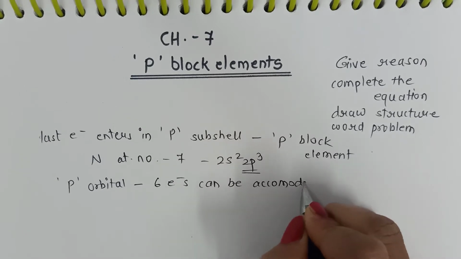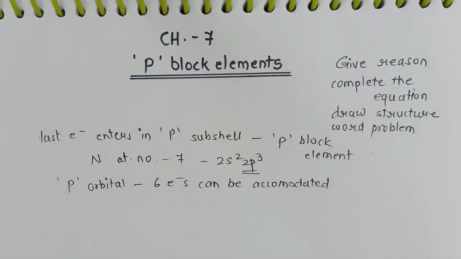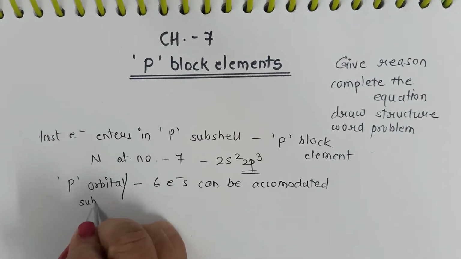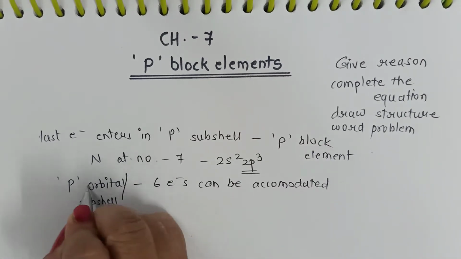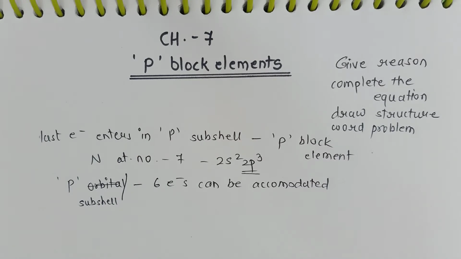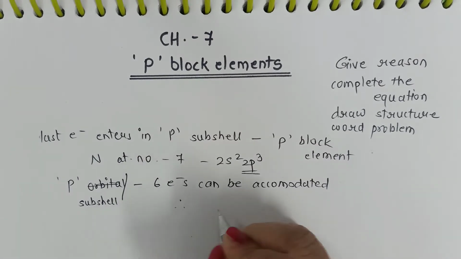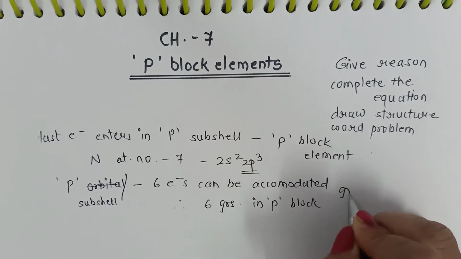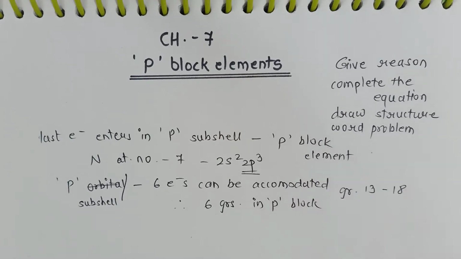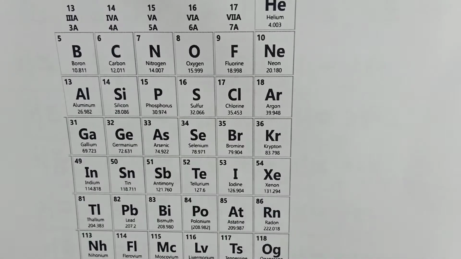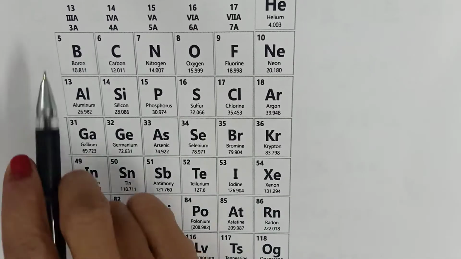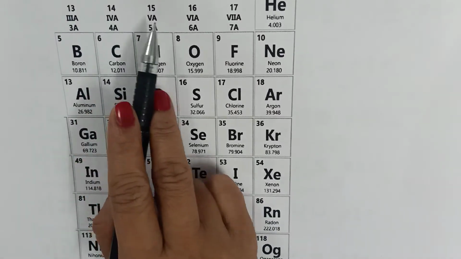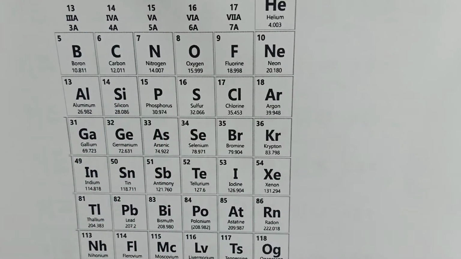The number of electrons which can be accommodated in a particular subshell is equal to the number of groups present in that block, and therefore we have 6 groups in P block. Group number 13 to group number 18. So this is P block with group number 13, 14, 15, 16, 17 and 18.